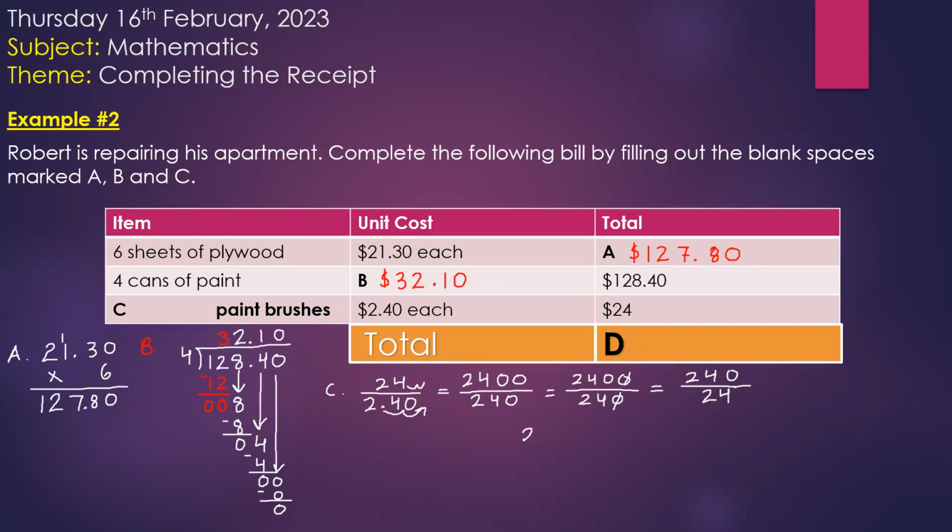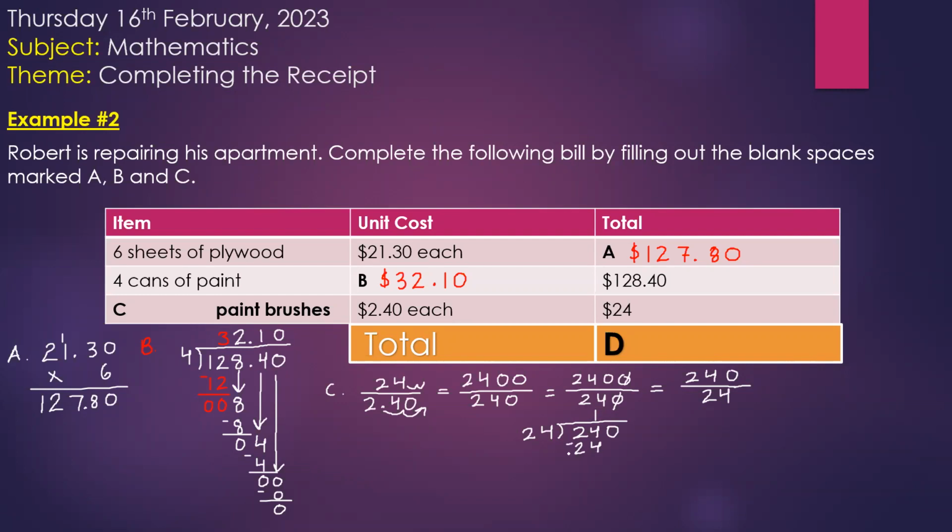And so we have 24 into 240. How many times does 24 go into itself? One. 24 times 1 is 24.